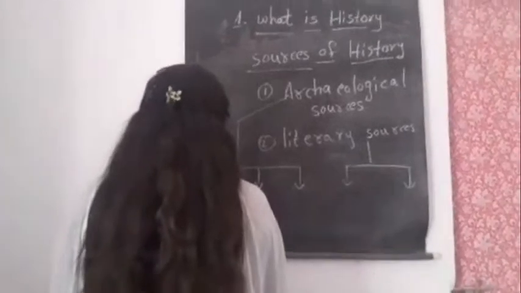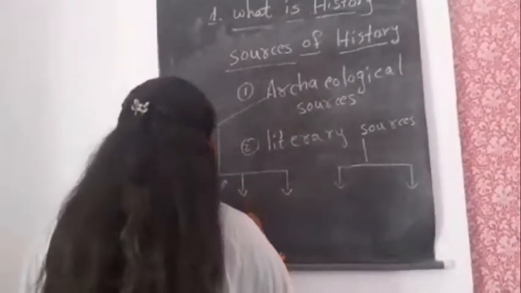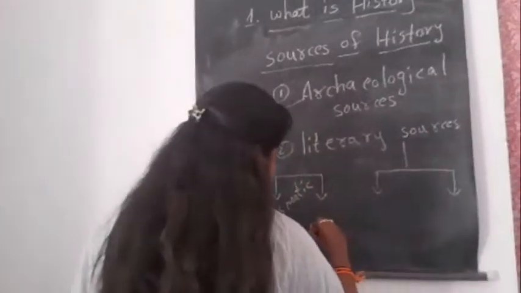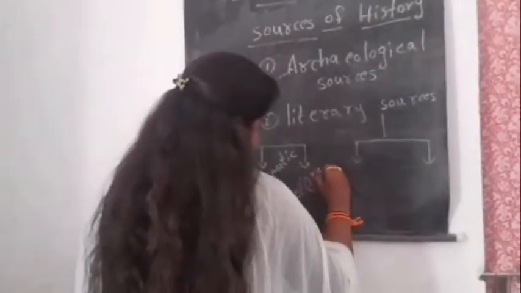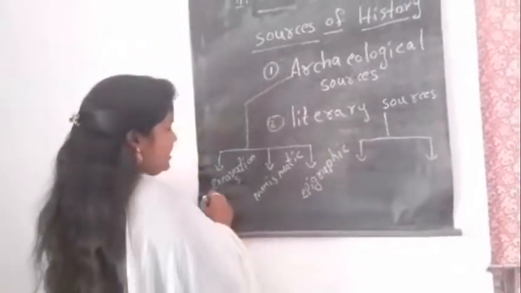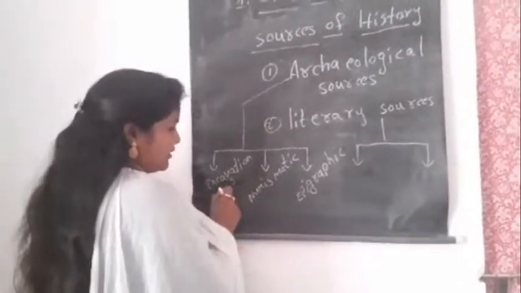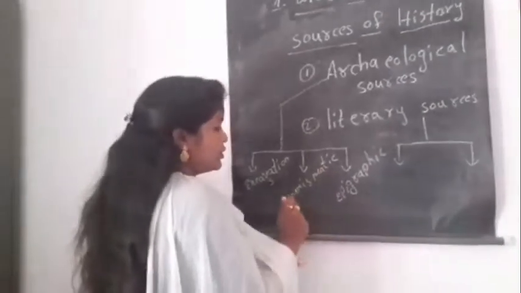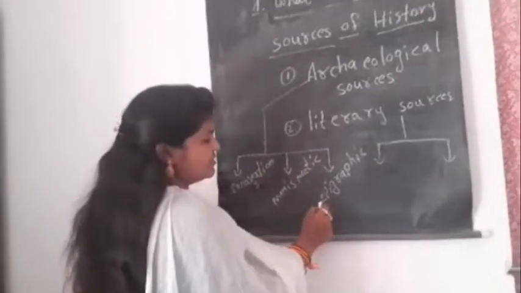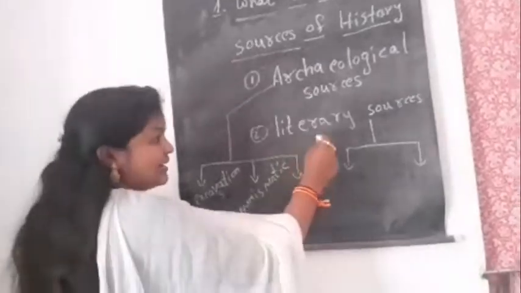First one is excavations, second one is numismatic, and third one is epigraphic. Look, my dear children: excavations, numismatic, and epigraphic. Epigraphy.